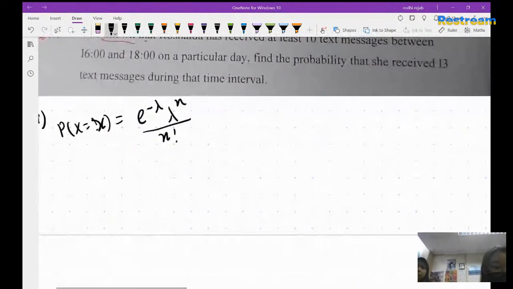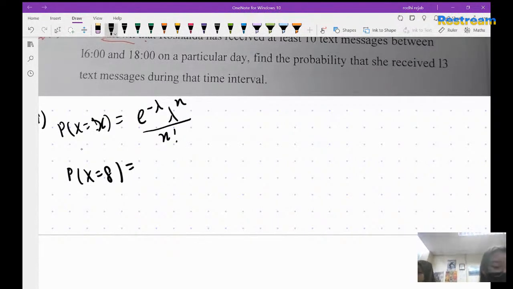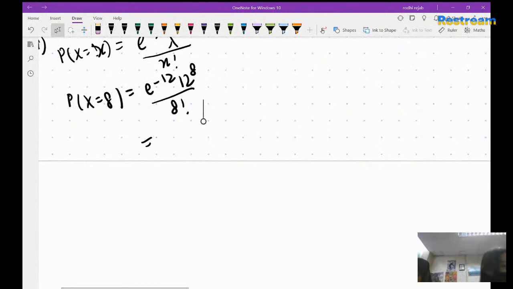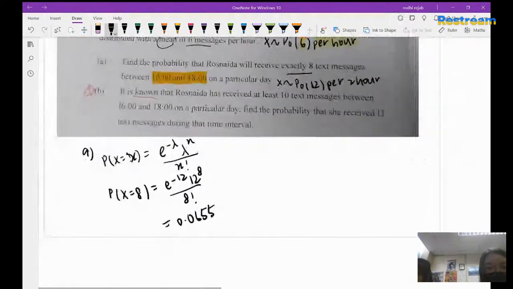Okay. So P(X = 8) equals e to the negative 12, 12 to the power 8, over 8 factorial. Just type in the calculator and we will get 0.0655. Okay, so that's all for A.